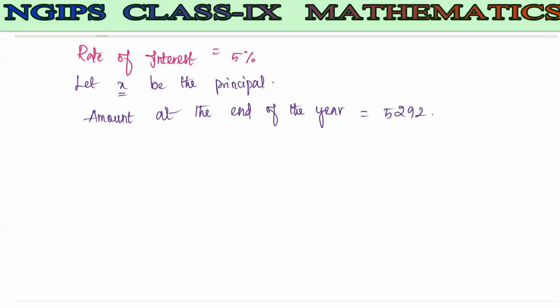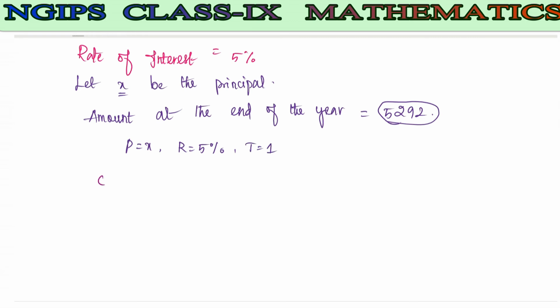So based on this value we are going to find out the original principal. Now we are going to calculate here. We have principal is equal to x, and the rate we found is 5%, and time period is 1 year. Now we are going to calculate the values.